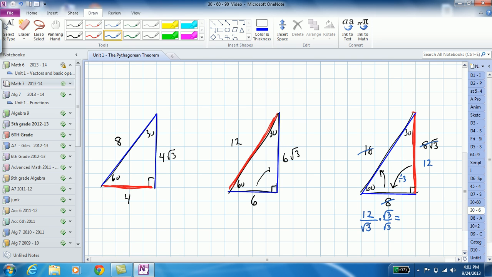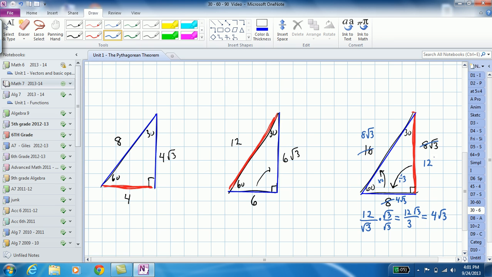Now it's 12 root 3 over root 3 times root 3, which is 3, and 12 root 3 divided by 3 is 4 root 3. If we know the short leg is 4 root 3, then we double it to go to the hypotenuse, and we get 8 root 3.